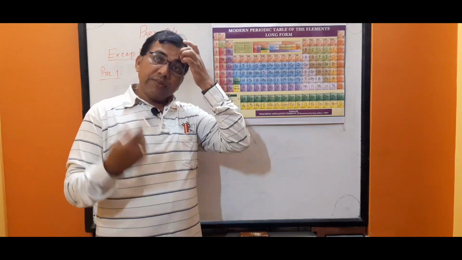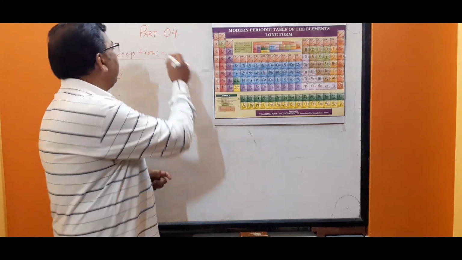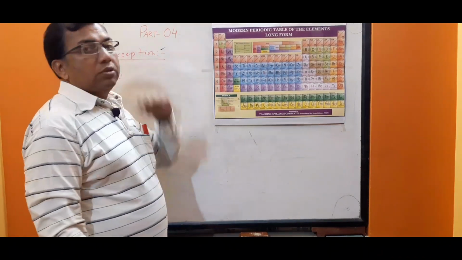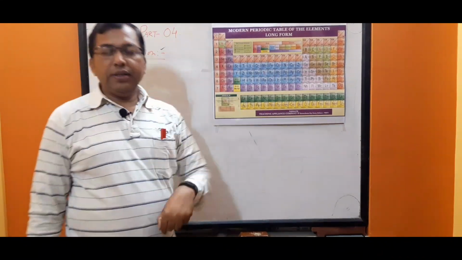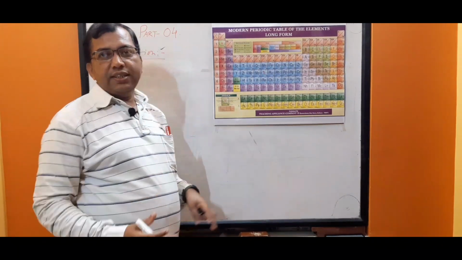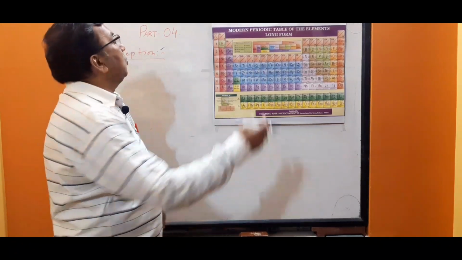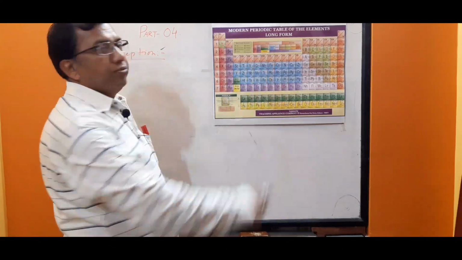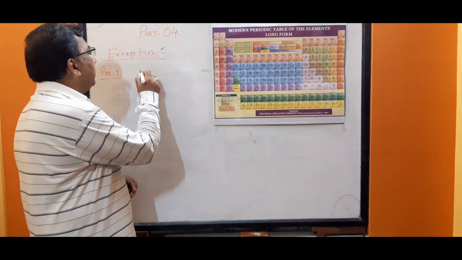Okay, the exception in case of period 1. What we learned earlier, from left to right, what happens? Atomic radius decreases. Clear? So hydrogen and helium.